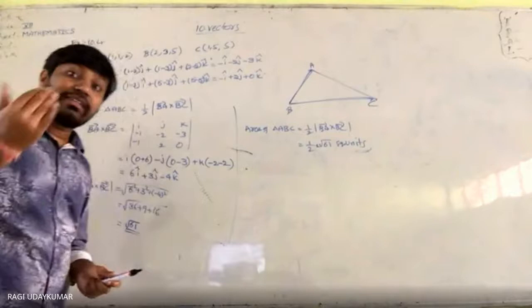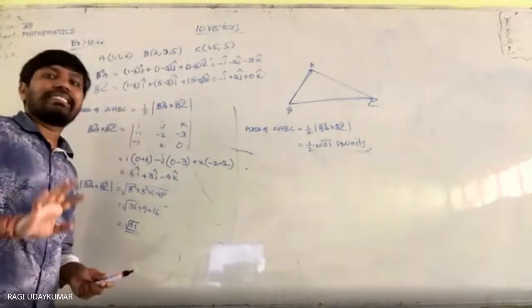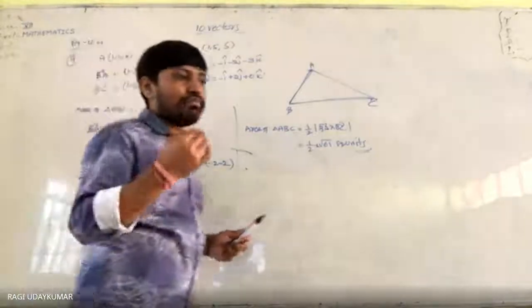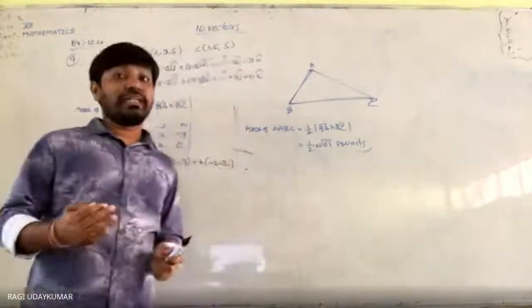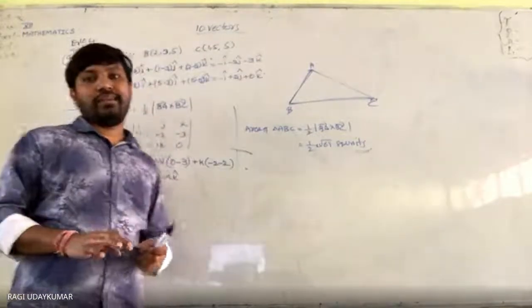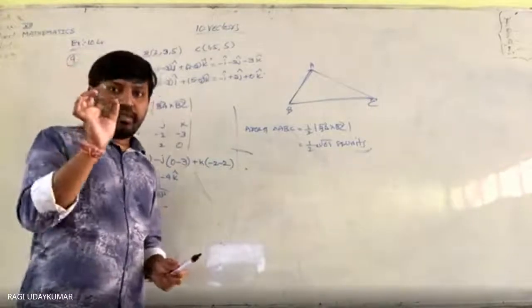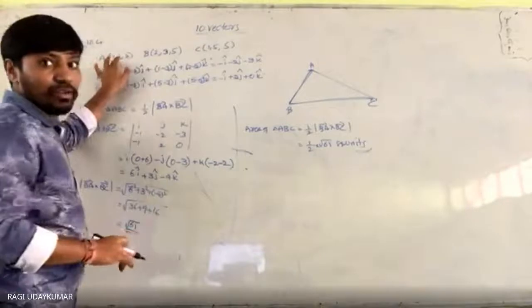Already adjacent sides are given to you, vectors only given. Here the points are given. Sometimes the position vector will be given. Position vector is nothing but points only, indirectly. OA, OB. Position vector is nothing but points only. ये question को another way also get.